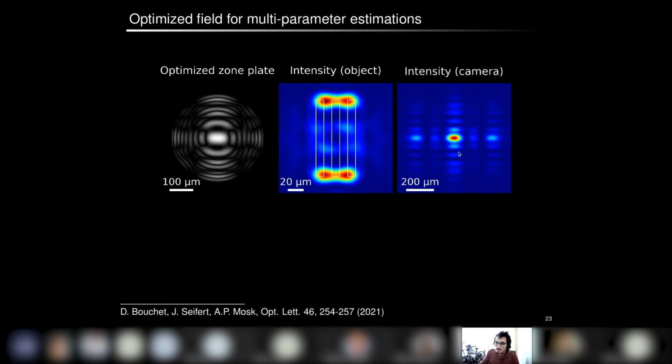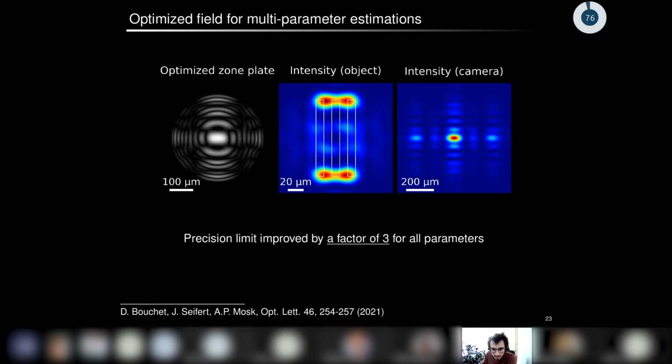What you need to realize is that if you move a line a bit, it will change this intensity pattern in a very distinct way, and if you move another line, the pattern will change in a different way, so it will be possible from this pattern to recover the values of all the parameters. And when we find this optimal zone plate, we can see that on average, we have a precision limit which is improved by a factor of 3 for all parameters.